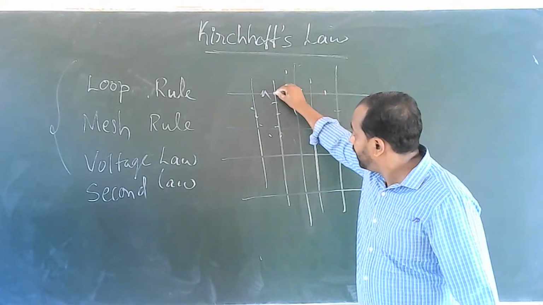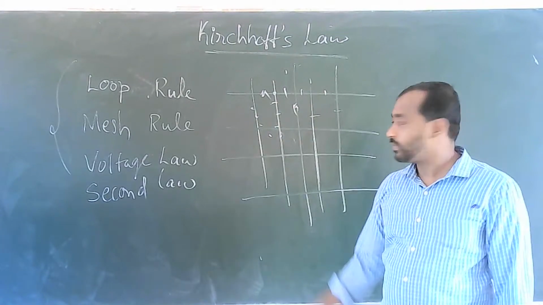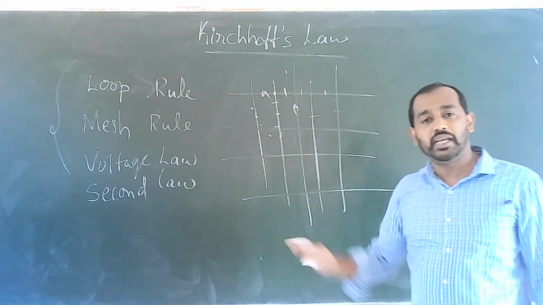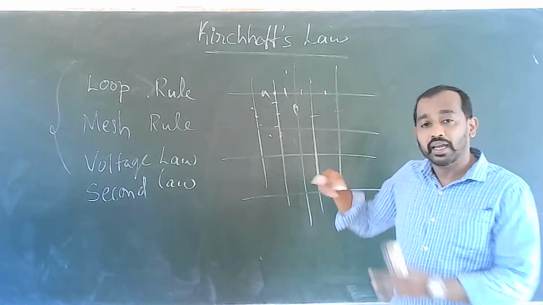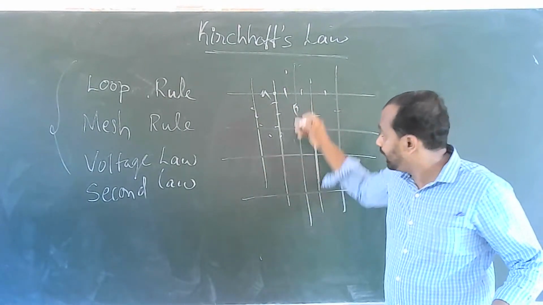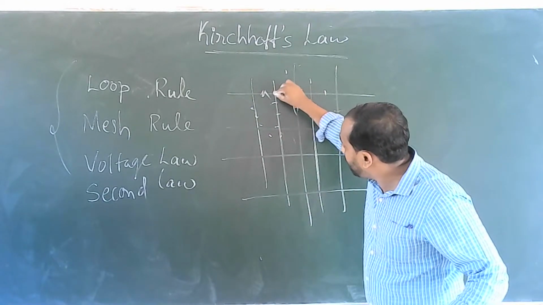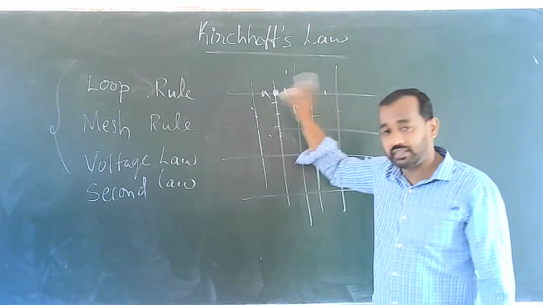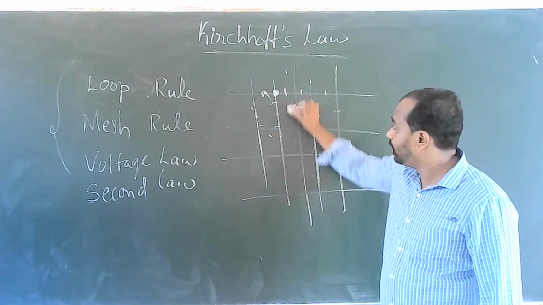If I take this point, this is a junction where three or more components are interconnected. And remember that every junction in a network is represented by a dark point. We have to place a dark dot.